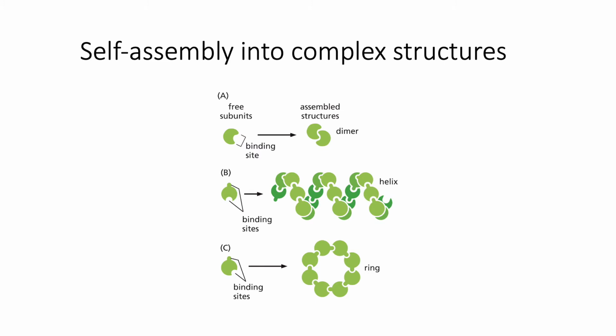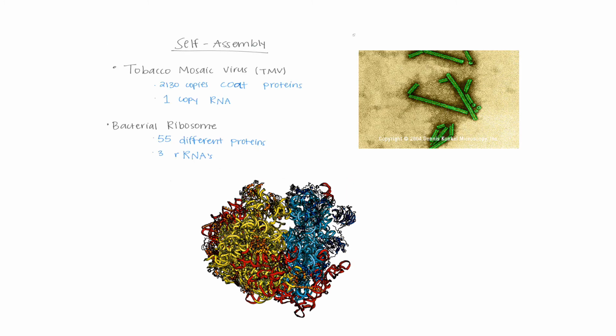Now, let me just show you a couple of examples. Here are two examples that are quite remarkable of self-assembly: proteins that have complementary surfaces. The first example is a virus called tobacco mosaic virus, TMV.